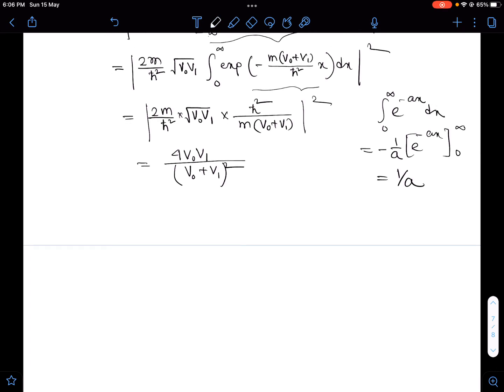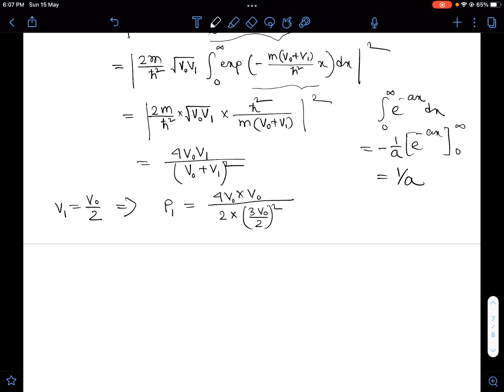So we have two cases. First, the potential is halved, that means V1 is V0 by 2. For that case, what will be the probability? Let us denote it by P1, and it will be 4 V0 times V0 by 2, over 3 V0 by 2 squared.